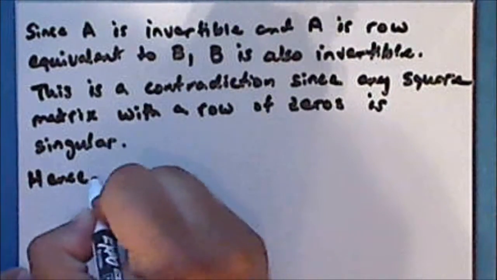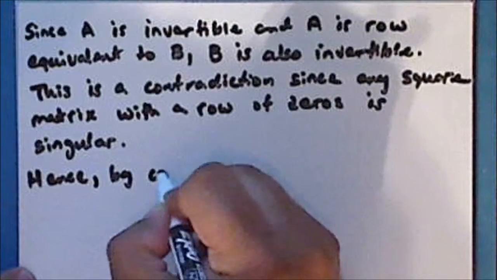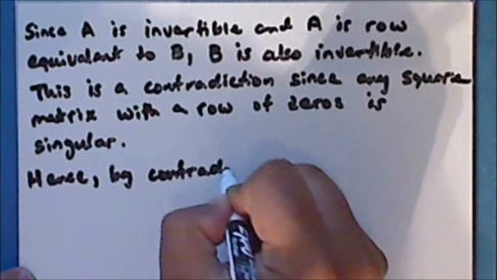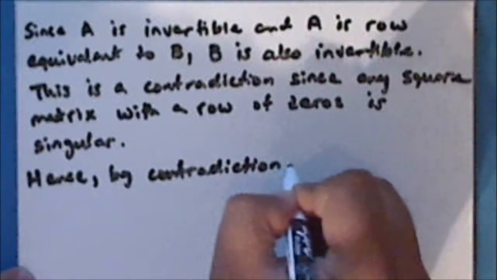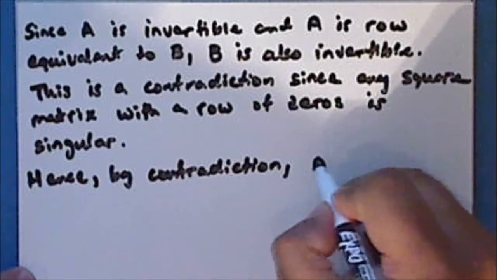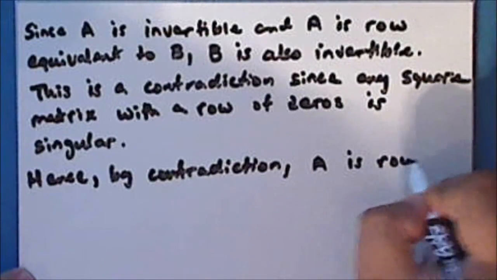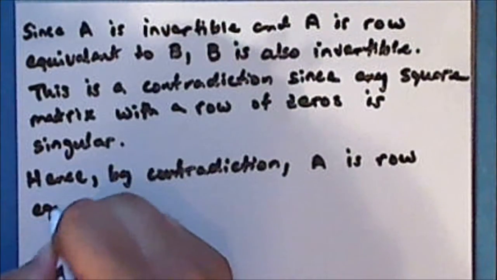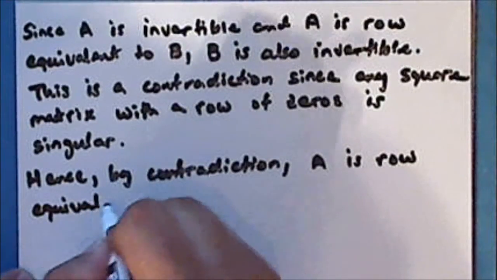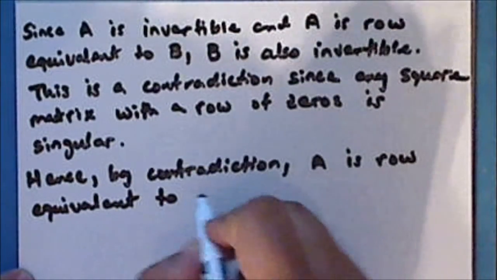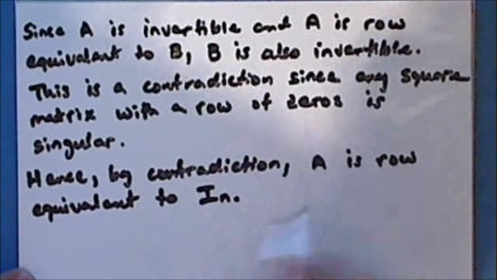And hence, by contradiction, the matrix A is row equivalent to the identity matrix of order n.